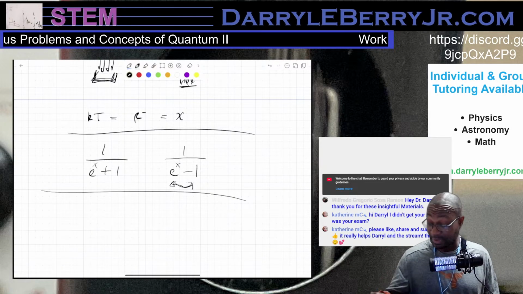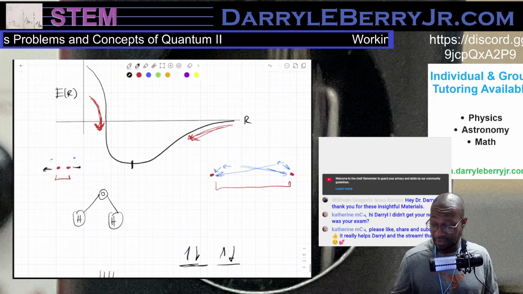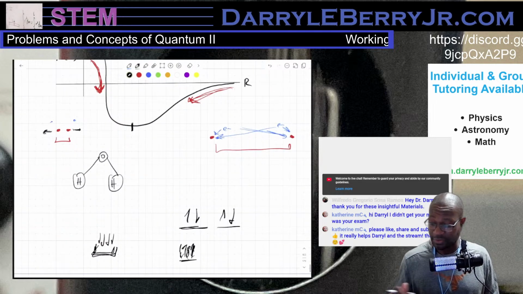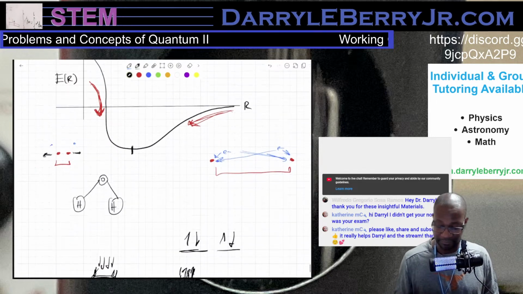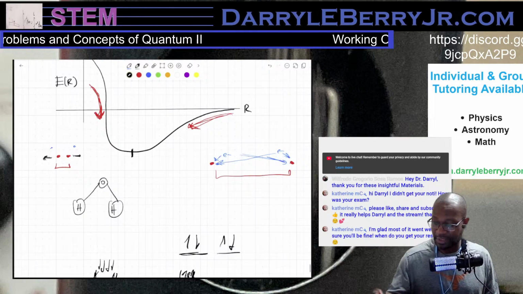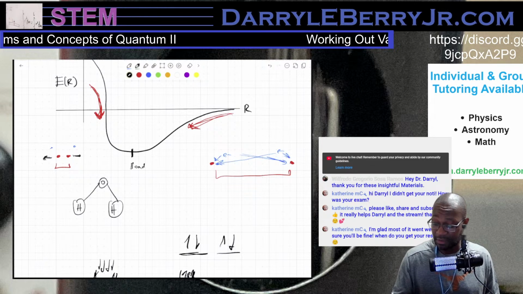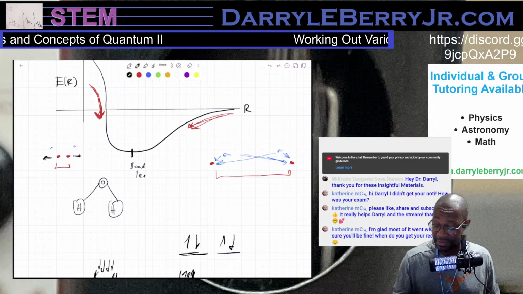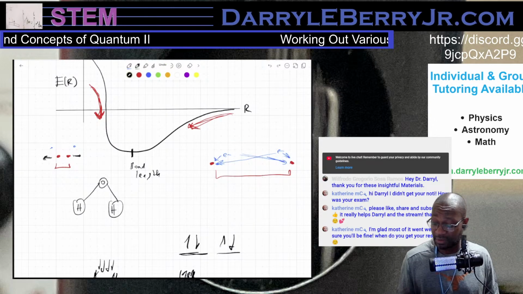But as we were talking about fermions and bosons getting to a certain energy level, at this point this helium atom is at a stable position. This will be called a bond length. Remember that the x-axis is r, the radius, the distance between them.